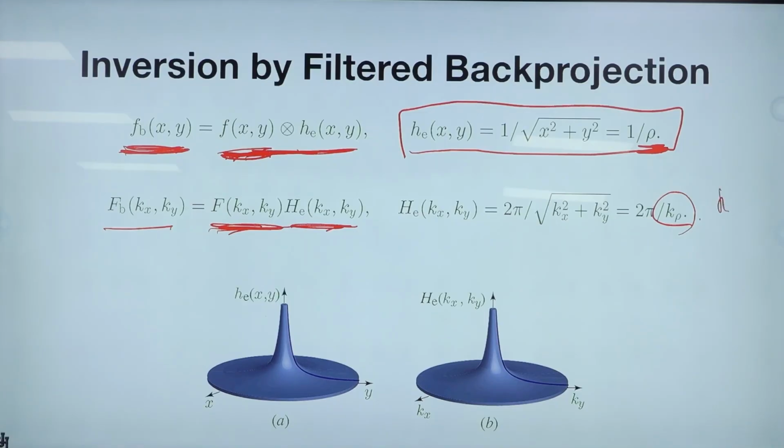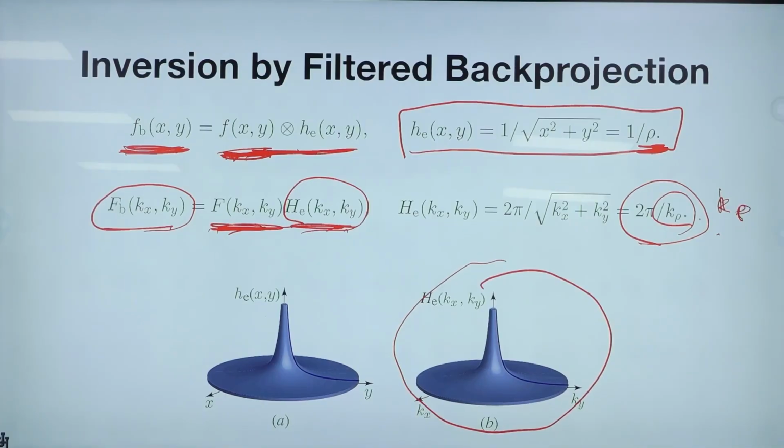So k rho is like the Fourier variable in r theta coordinates in the Fourier domain. Okay, so the back projected data is the original data multiplied by this 2 pi by k rho factor, and the factor looks like this.